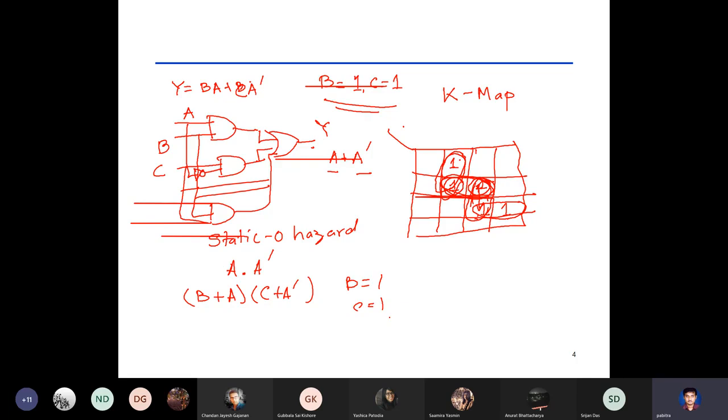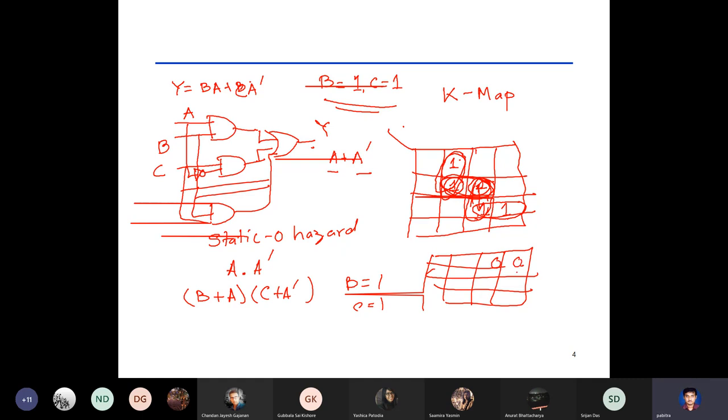This is also very easy to check using Karnaugh maps. So what you actually do is that instead of looking at the minterms, you look at the maxterms. Look at the zeros. And the rule is the same.